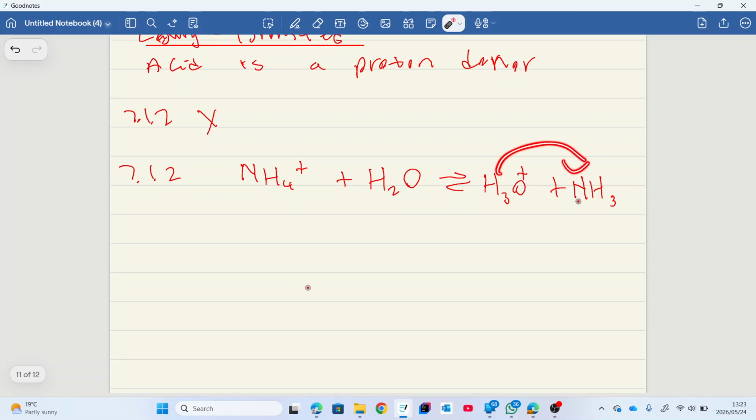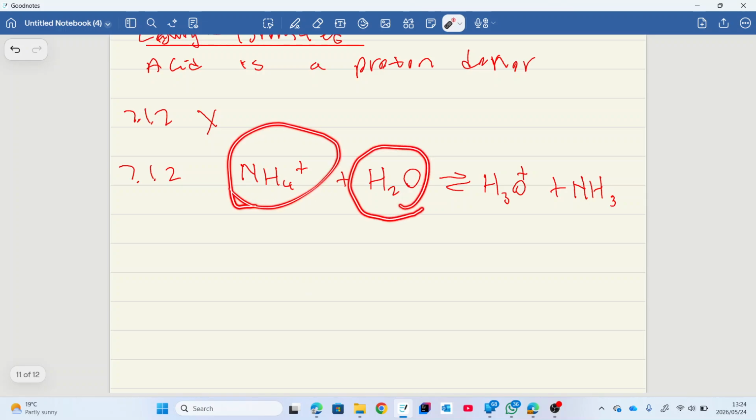It doesn't matter, it's fine. We are only interested that this is present and this is present and they are both on the right, and the reactants are both on the left. The order, don't worry about it. Okay.